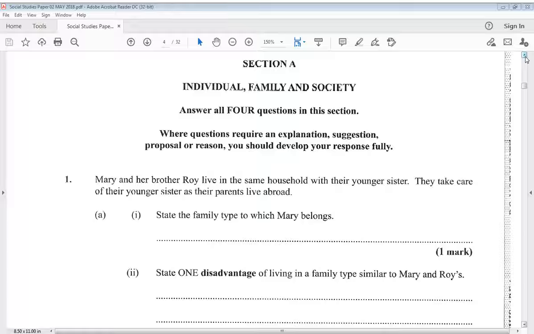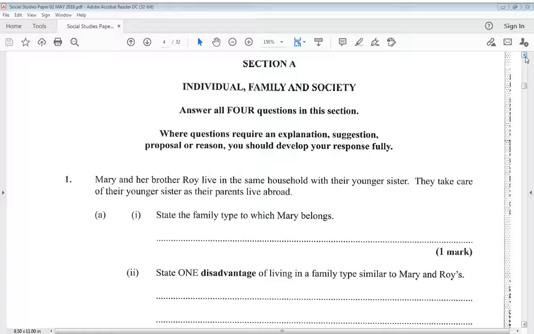So the first question says, Mary and her brother Roy live in the same household with their younger sister. They take care of their younger sister as their parents live abroad. The first part says, state the family type to which Mary belongs.